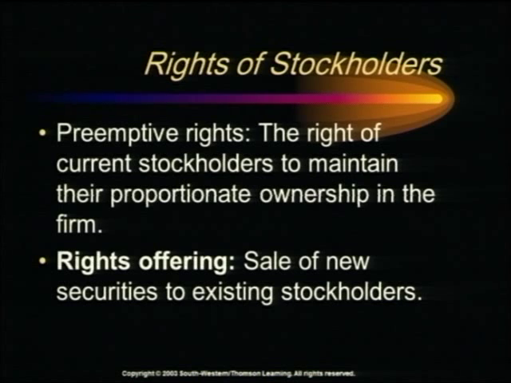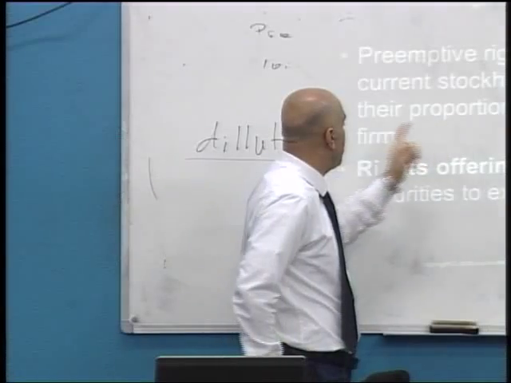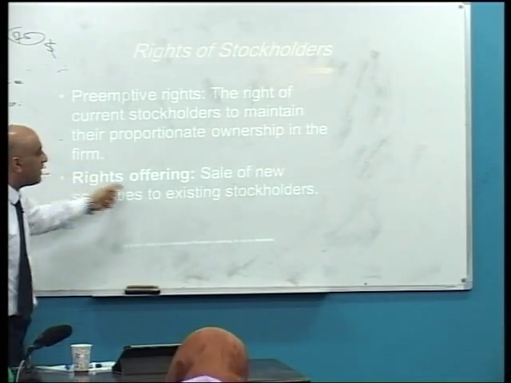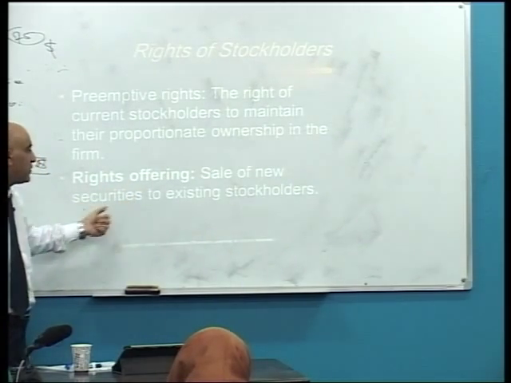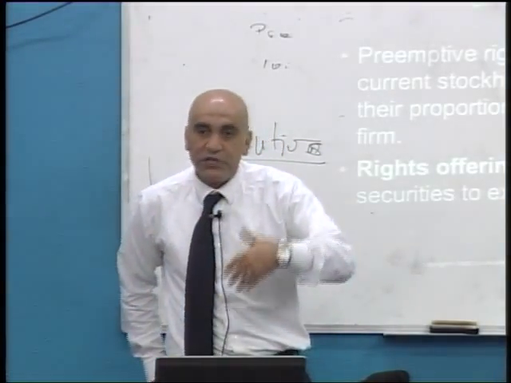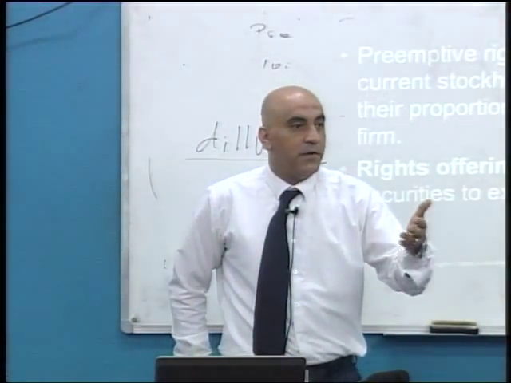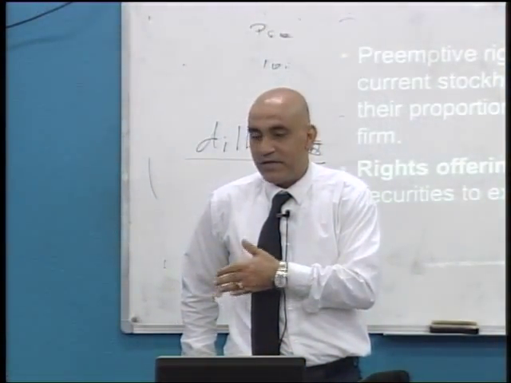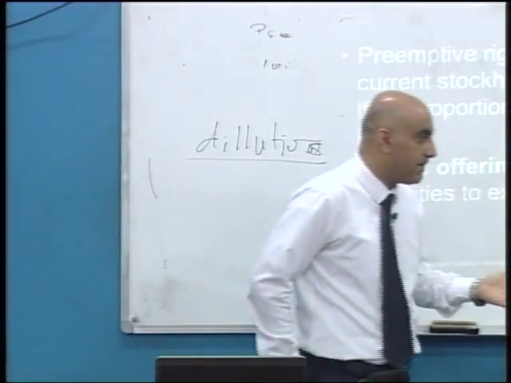Look here. Preemptive rights: the rights of current stockholders to maintain their proportionate ownership in the firm. Rights offering: sale of new securities to existing stockholders. It means when you issue new shares, the existing investors face a dilution.